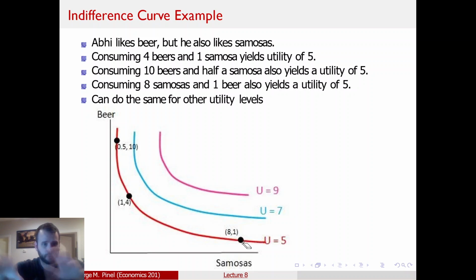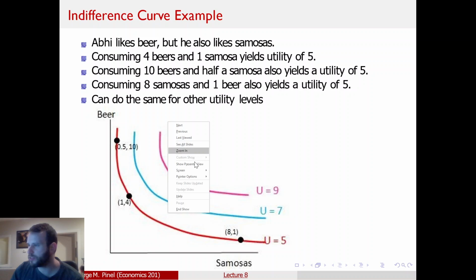So if someone presented you 3 options between 0.5, 10, 1, 4, and 8, 1, you'd be like, I don't care, give me whatever. But if you're presented these 3 options and an option on the 7 curve, you'd obviously prefer the 7 curve because it gives you a higher utility. So consumption bundles on higher indifference curves are going to be strictly preferred to consumption bundles on lower indifference curves.